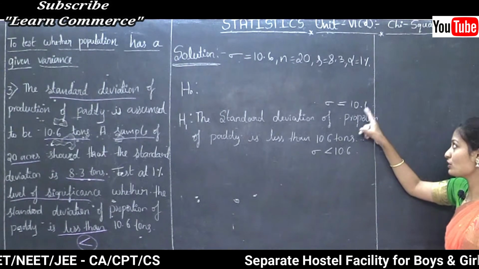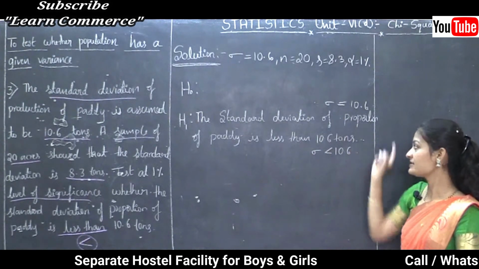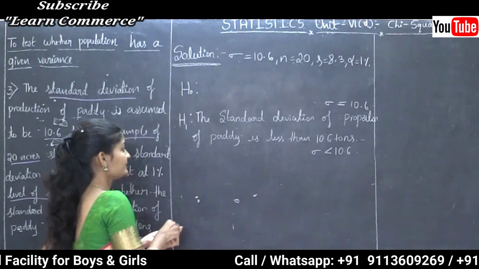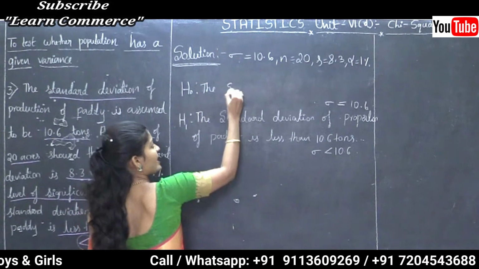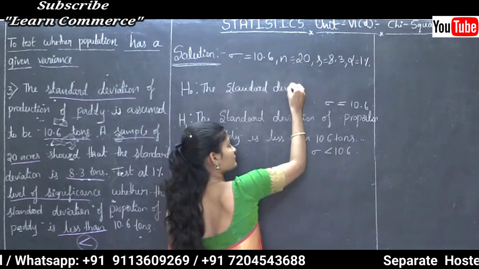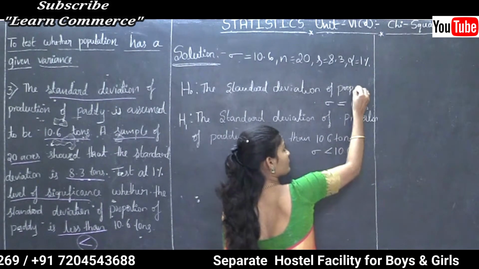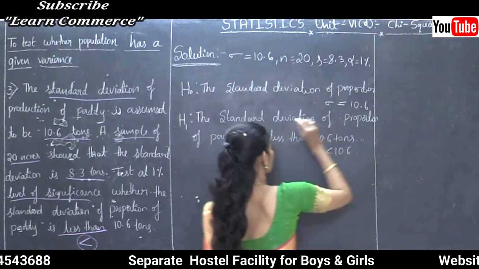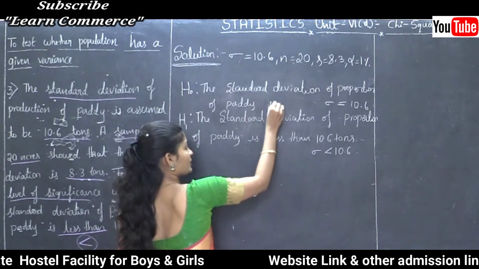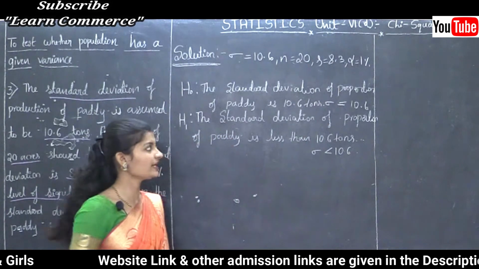When the standard deviation of production of paddy is 10.6 tons, then we can write sigma is equal to 10.6. So the sentence is like this: the standard deviation of production of paddy is 10.6 tons, that is sigma is equal to 10.6.